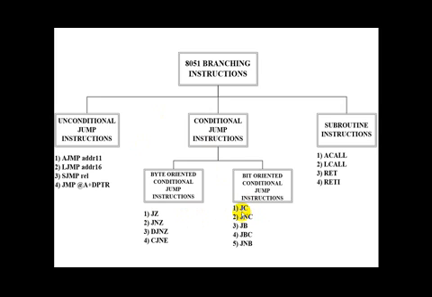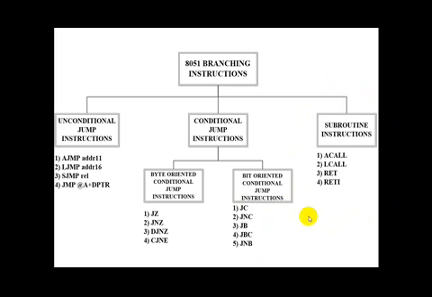For example, in jump on carry, it checks the carry flag. If the carry flag is equal to 1, then a branching is done and the execution continues from the branching address. Now the third category is the subroutine instructions.